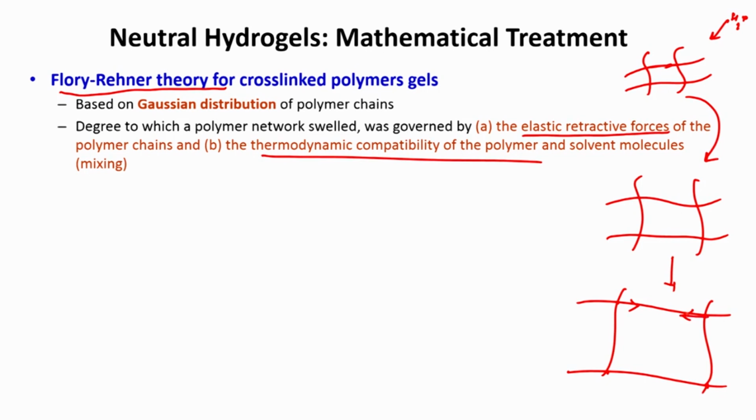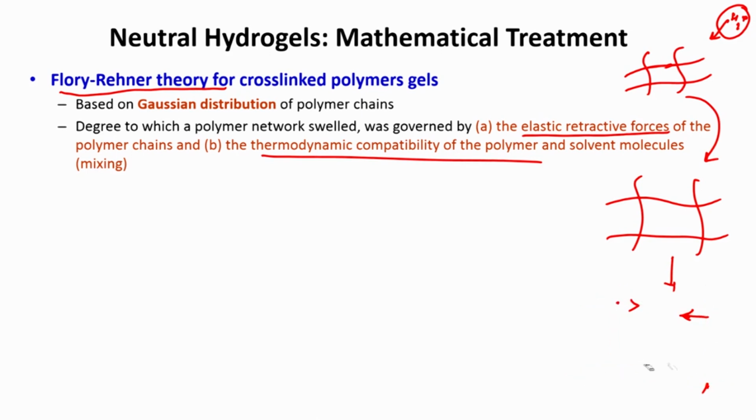Now these chains are going to try to bring this polymer gel back to its original state, so it is the force balance between these two forces: the affinity for the water to get absorbed into the system, as well as the elastic retractive forces of these chains to resist that and go back to their original state. Essentially that is what will define at what stage at equilibrium the hydrogel will stop, right.